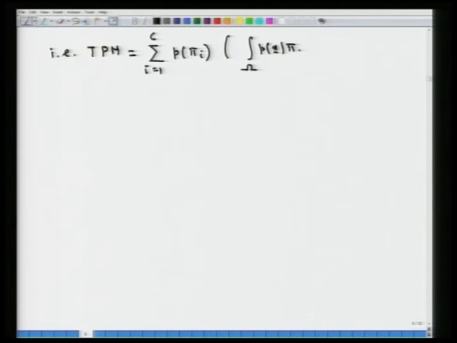The total probability of misclassification is equal to summation i equal to 1 up to c of p of pi i into the integral over omega of p of x given pi i dx, minus the integral over Ri of p of x given pi i dx.